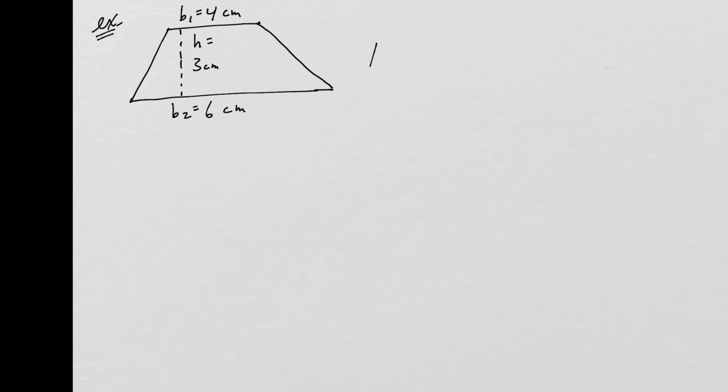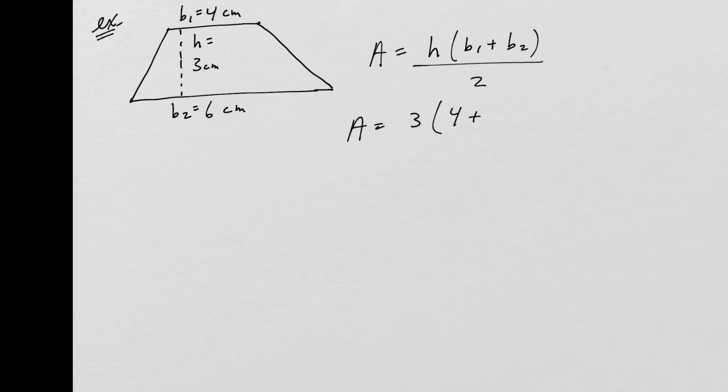So then we simply plug into the formula, right? It's going to be the height times B1 plus B2, all divided by 2. So in this case, it'll be 3 times 4 plus 6, all divided by 2. So using order of operations, this is going to be 3 times 10, I have to do the parentheses first, divided by 2.